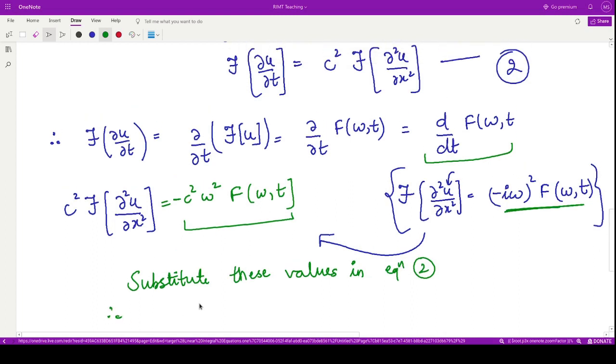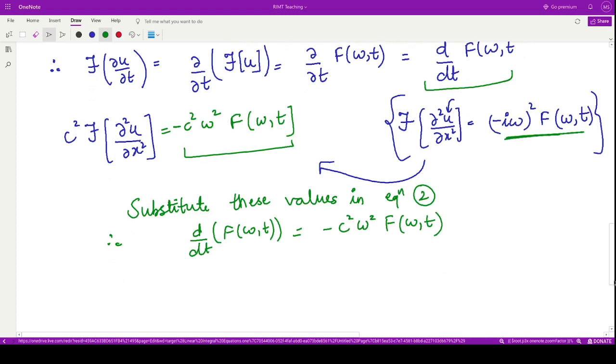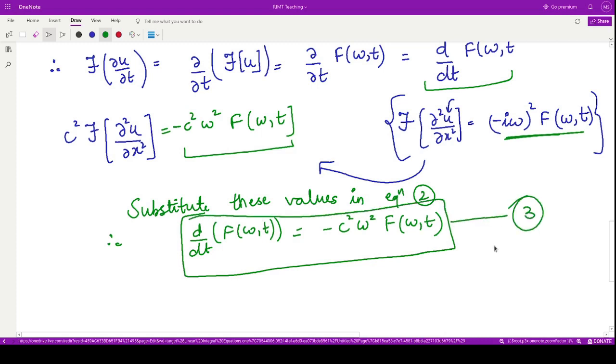We obtain the first derivative with respect to t of capital F of omega t equal to minus c square omega square capital F of omega t. So this is what you got after applying Fourier transform onto the given heat equation. So let me call this as equation number 3.